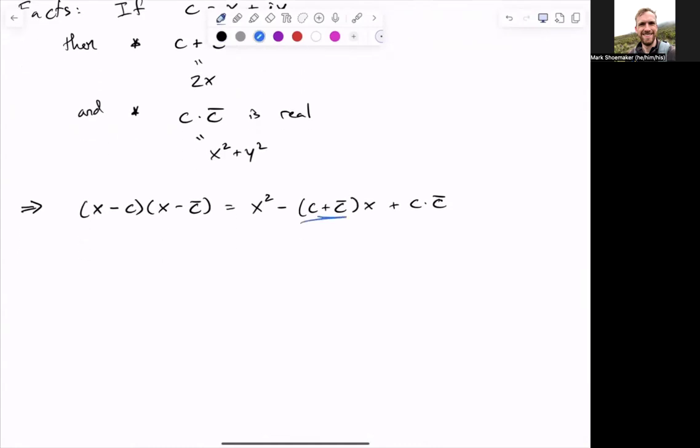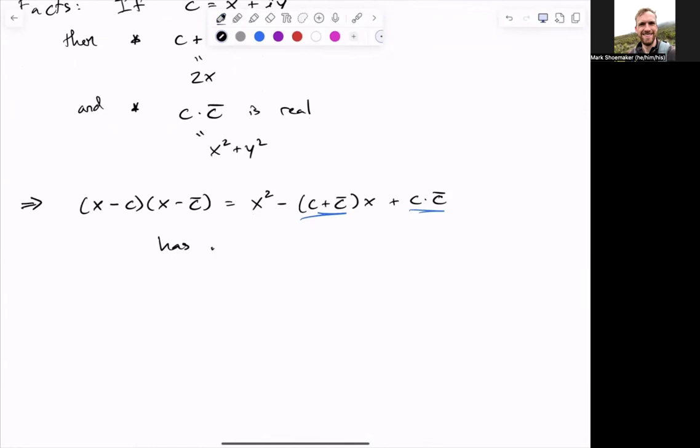And so this part is real, and this part is real. So this polynomial has real coefficients.